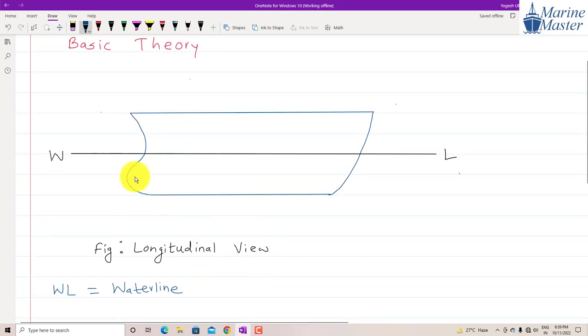Suppose somewhere here we have a rudder. Through the center line of the rudder, one vertical line is going to pass. Guys, observe. Let me check that it is a proper vertical line.